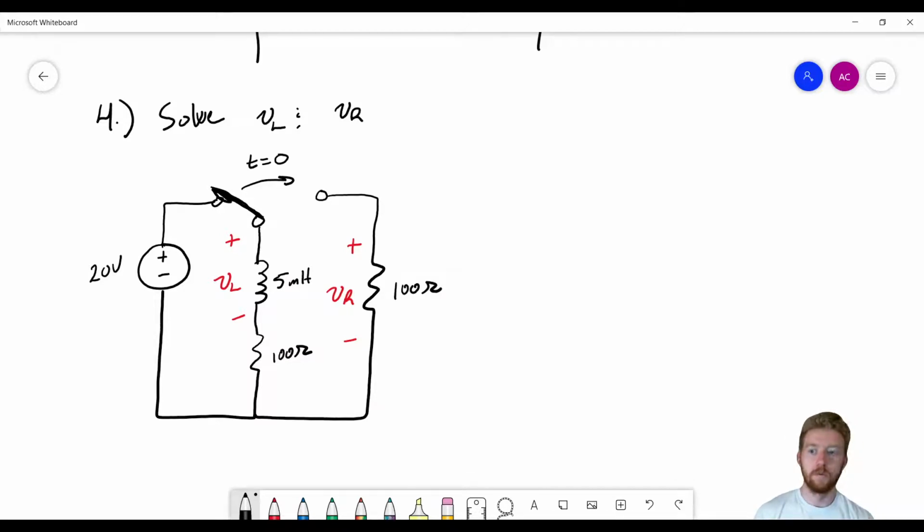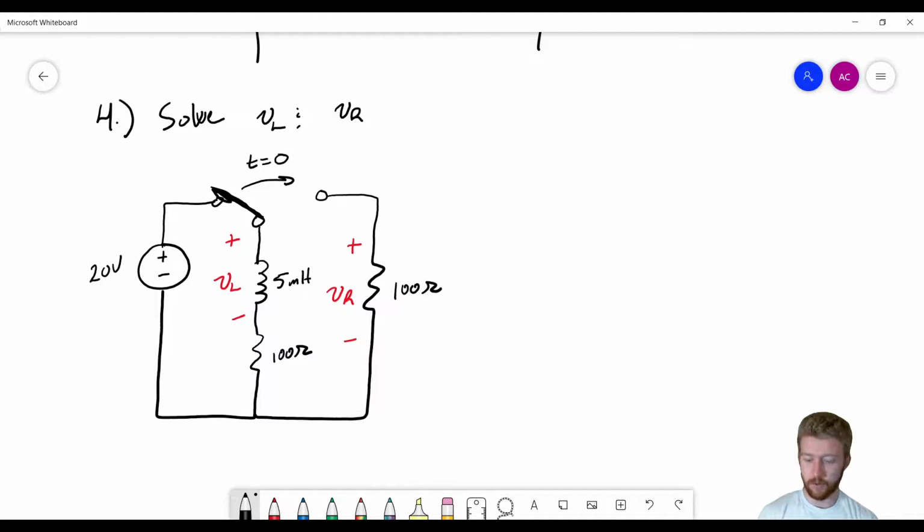So what is this going to be doing after a long amount of time? Because we're assuming that switch has been connected for a long time. Well, remember, after a long time, inductors start to look like a short circuit. So really, it's just going to be that 20 volts being dropped completely across that 100 ohm resistor. We can calculate the current through that inductor and through that resistor.